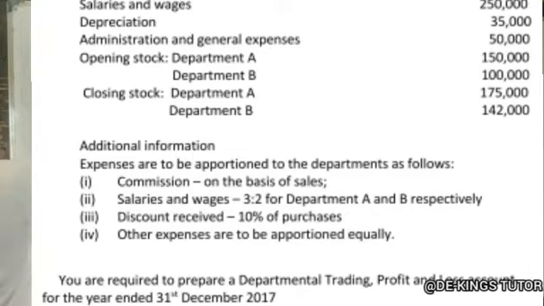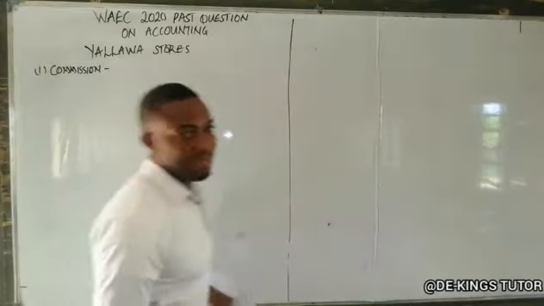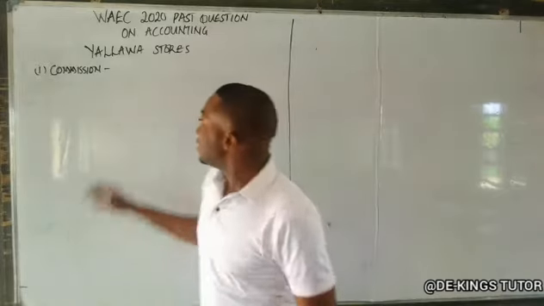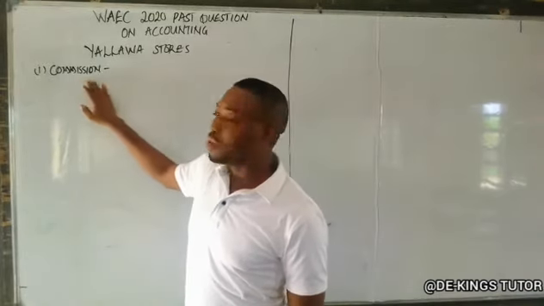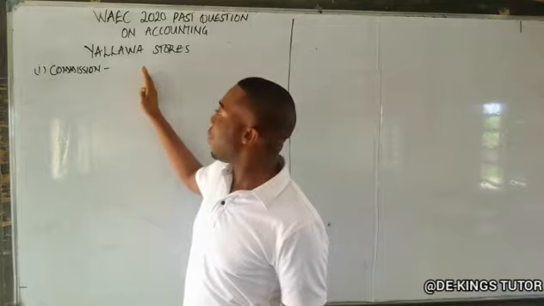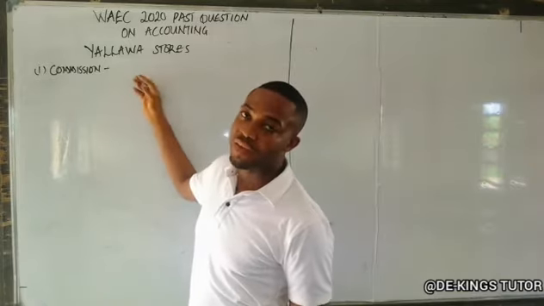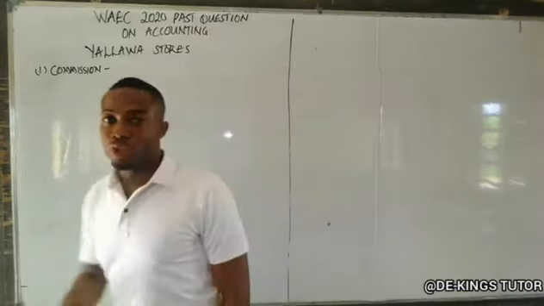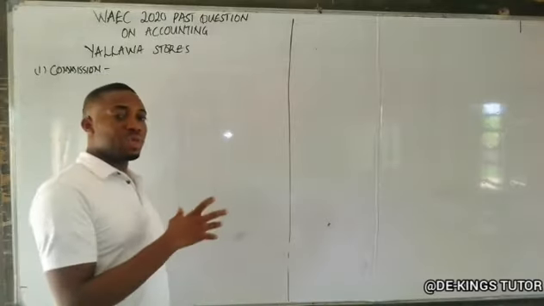Sales. What does that mean? It means the commission expense is in proportion to the amount of sales they have. So we check in the question for the sales given for Department A and B, get the total sales and use it to apportion the commission expense.